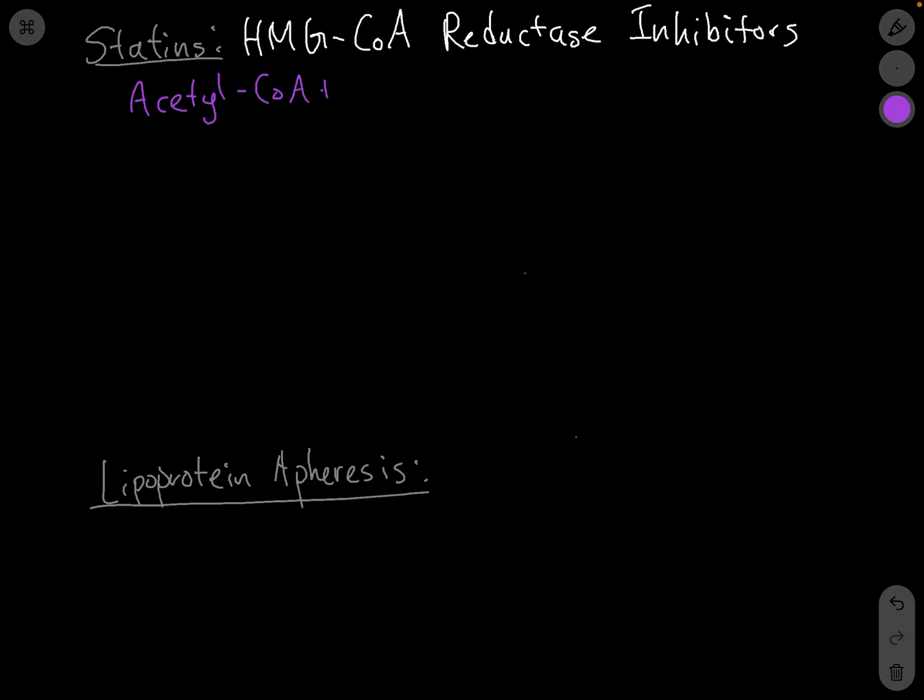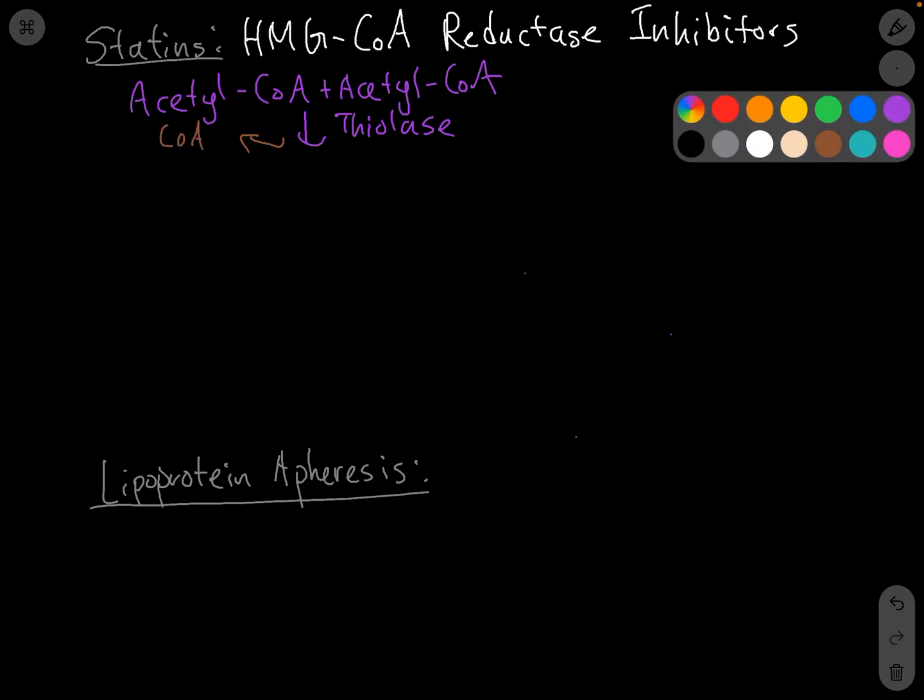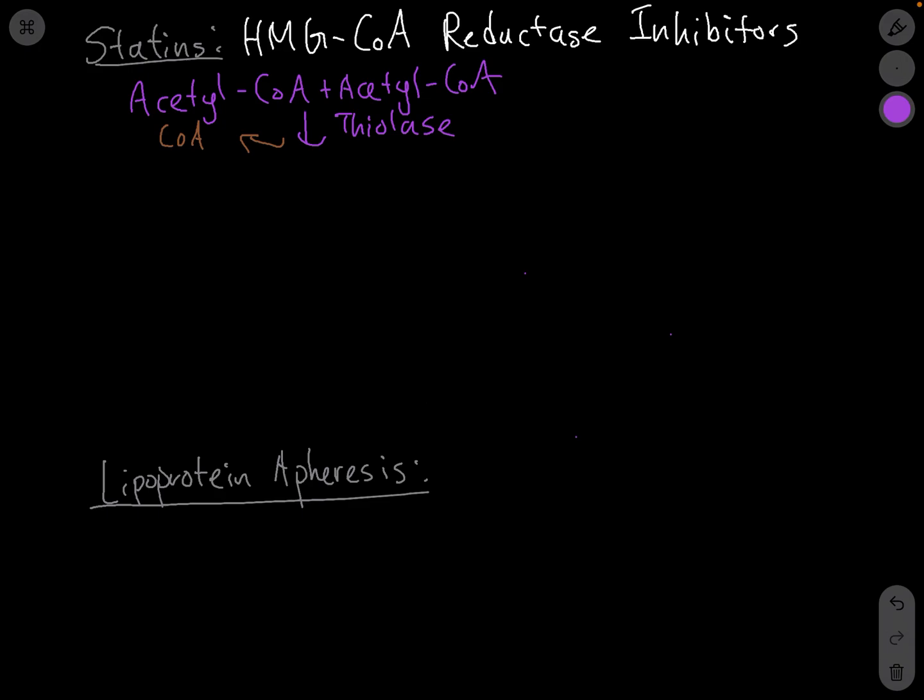If I combine this acetyl CoA with another acetyl CoA, there's an enzyme called thiolase that combines these 2 acetyl CoAs, and by the way, it also releases a coenzyme A in the process, to form acetoacetyl CoA.